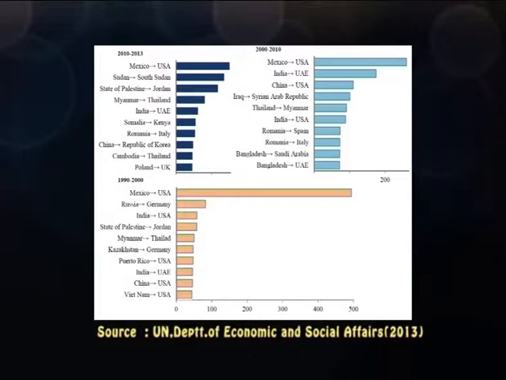The true picture evolves if we look at the bilateral migration corridors. These can be observed from this figure.